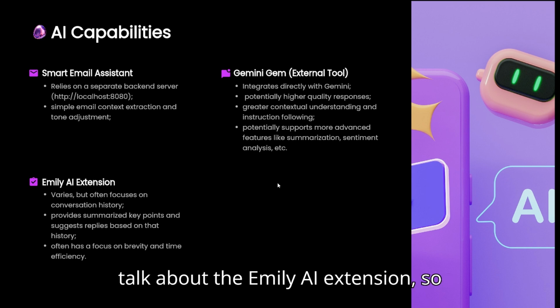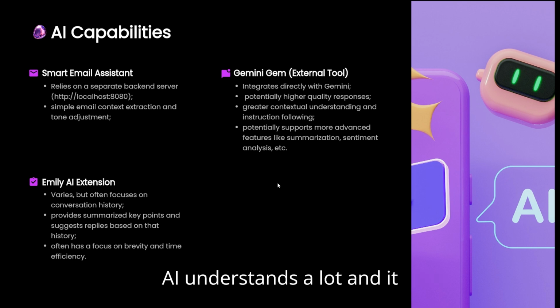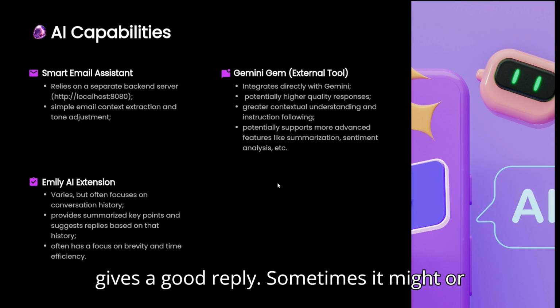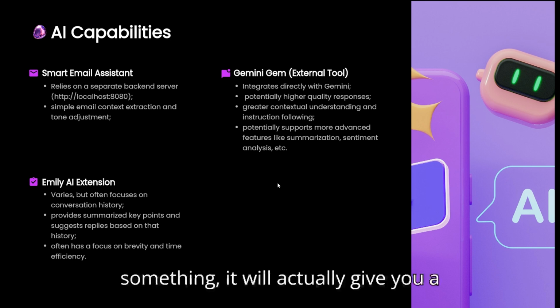And if you talk about the Emily AI extension, it is variable. Sometimes the AI understands a lot and it gives a good reply. Sometimes it might or may not give a really good quality reply. But yeah, if you instruct it on something, it will give you a good one.